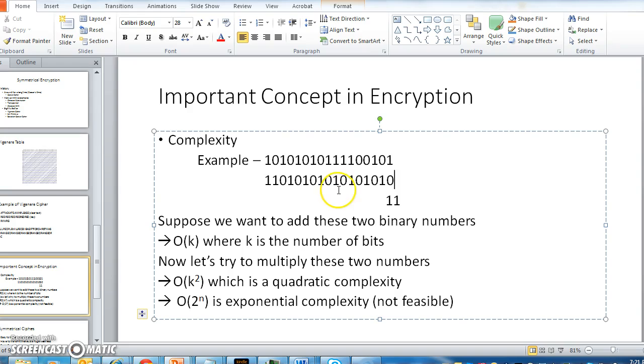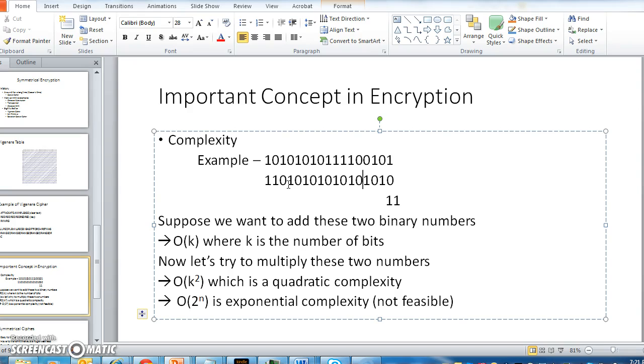Then you go to 1 times 1. Then you're going to go to 1 times 0, 1 times 1, 1 times 0. You keep doing this. And then you go to the third number here. You're going to do the same thing. You're going to go to the fourth number and you're going to do the same thing. So if you have 10 numbers on top and 10 numbers at the bottom, you're going to do this 100 times, right? 10 to the power of 2.